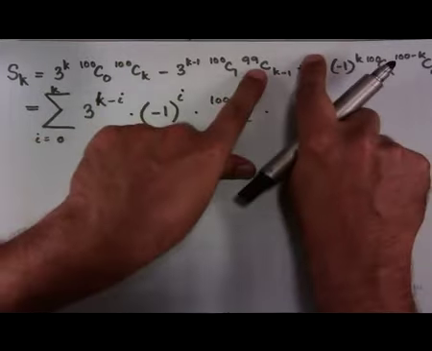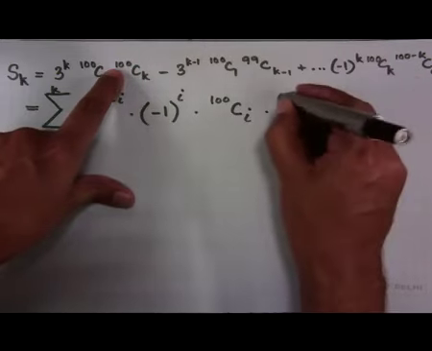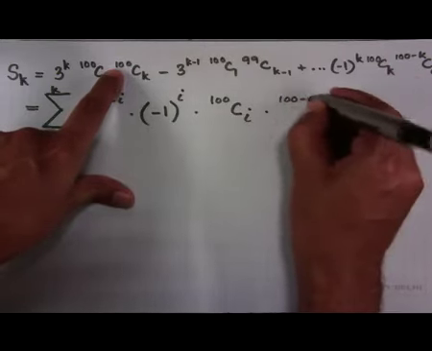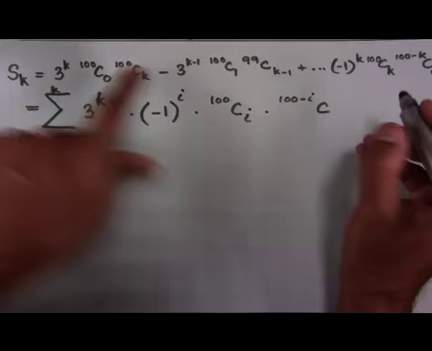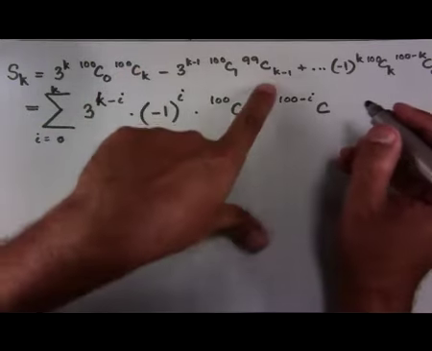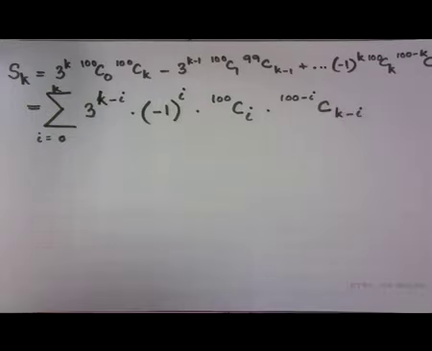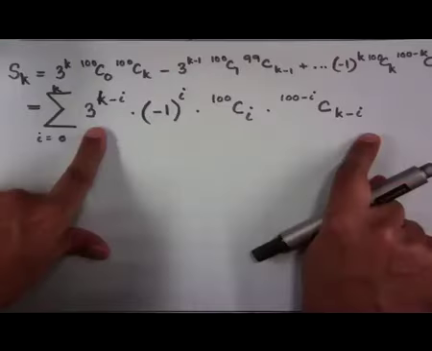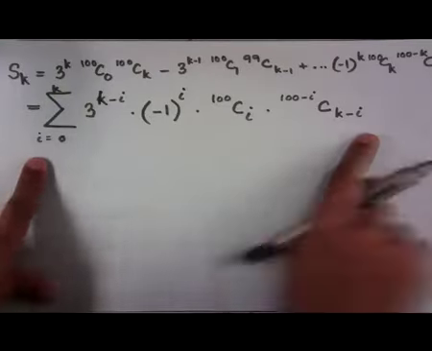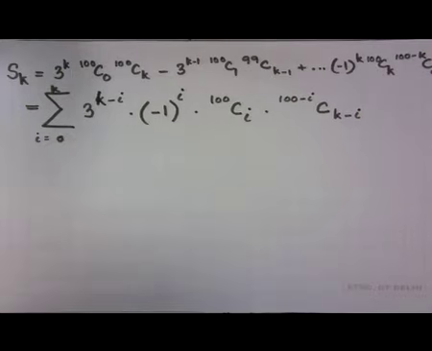So, the ith term is 100 minus i choose k minus i. Fine. So, this is a general term which I have constructed, and this is a summation where i is going from 0 all the way till k.